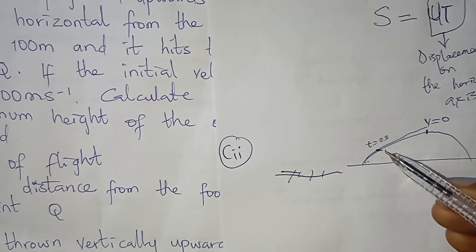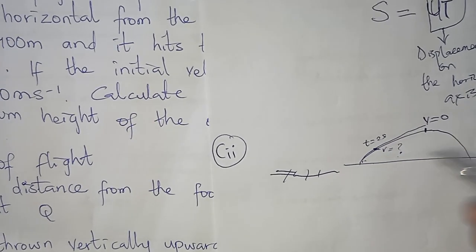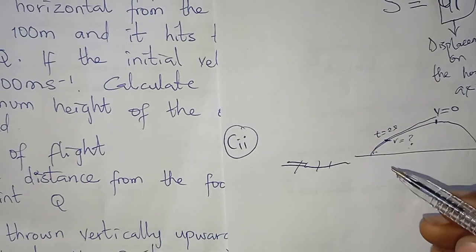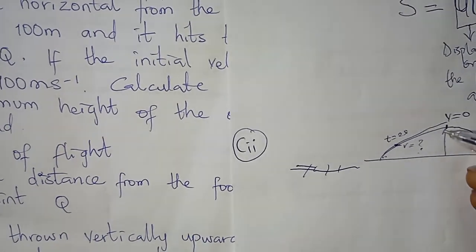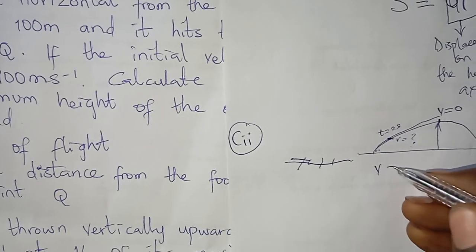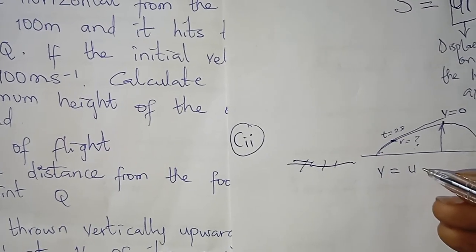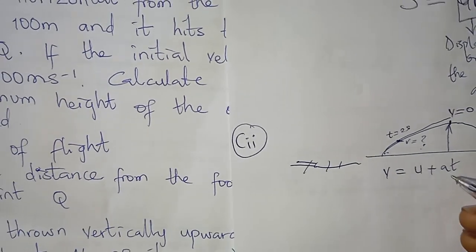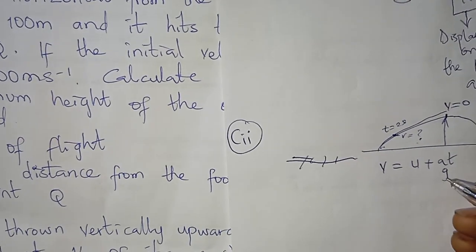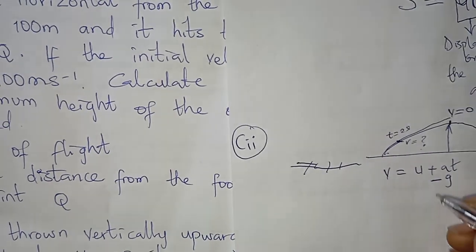This is the velocity they're asking us to find. When it's still going up, you get it from v equals u plus at, and this time g will be there for gravity, so you have minus.